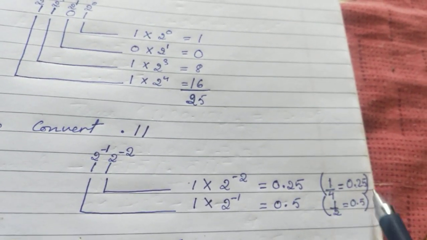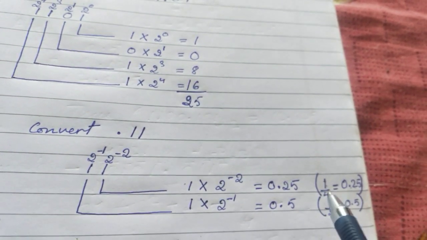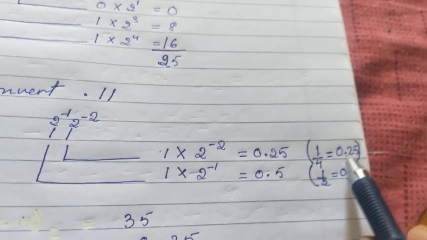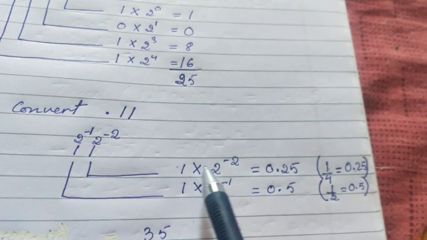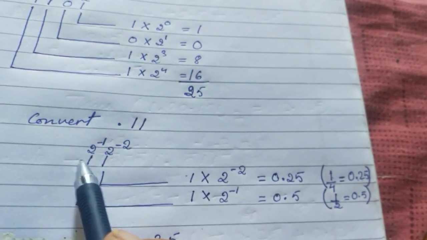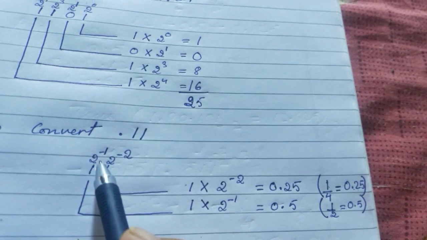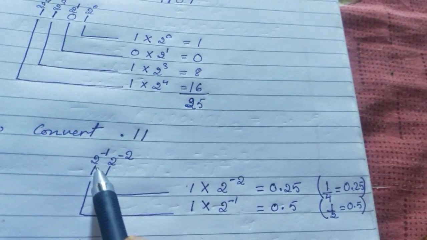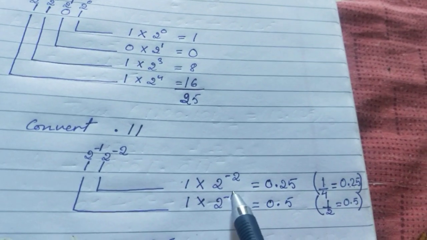Above the second 1 you have got 2 to the power minus 2. You'll write 1 into 2 to the power minus 2. 2 to the power minus 2 can also be written as 1 upon 4. When you divide 1 by 4, you will get 0.25. I have given you this chart already in the previous classes. So you will write 0.25 into 1 is equal to 0.25. Now the next number is 1. Again you have got 2 to the power minus 1 above it. So you will write 1 into 2 to the power minus 1.